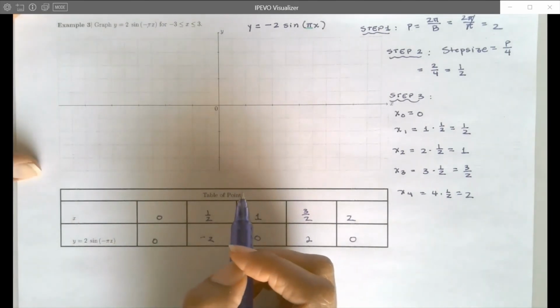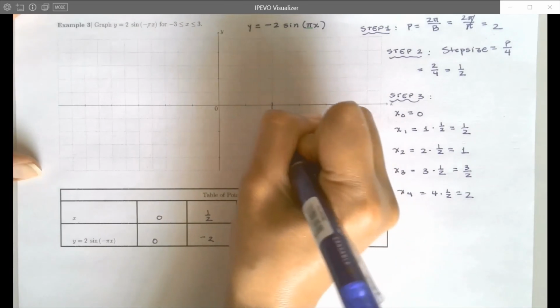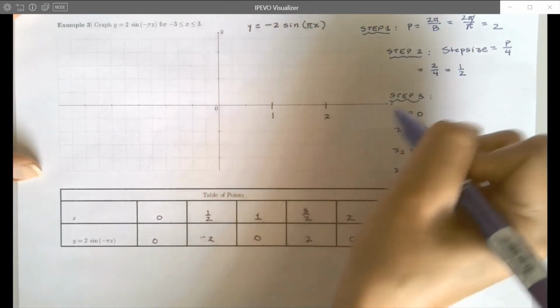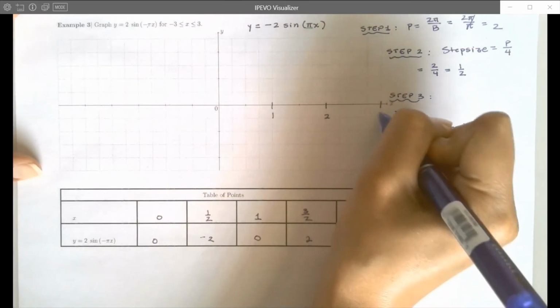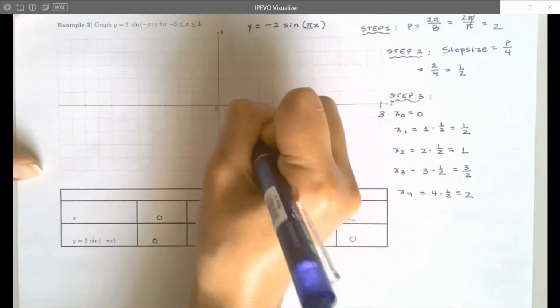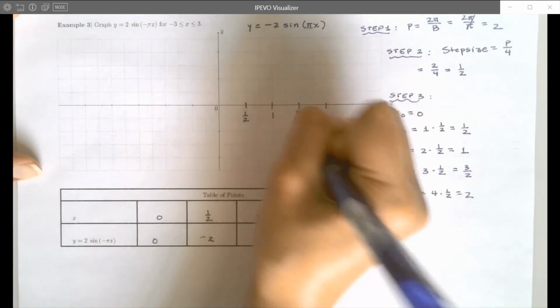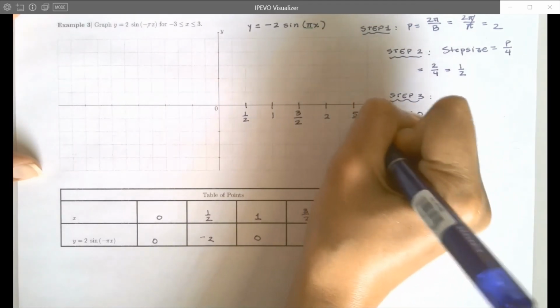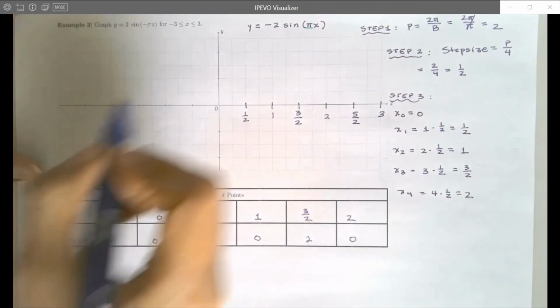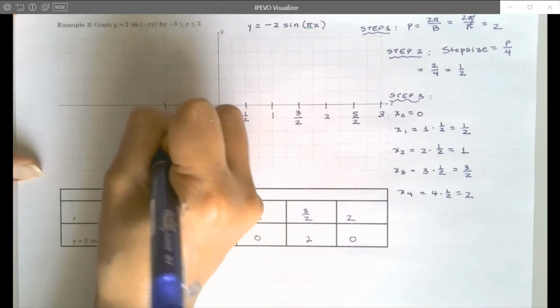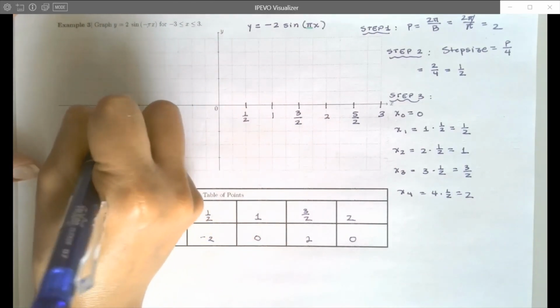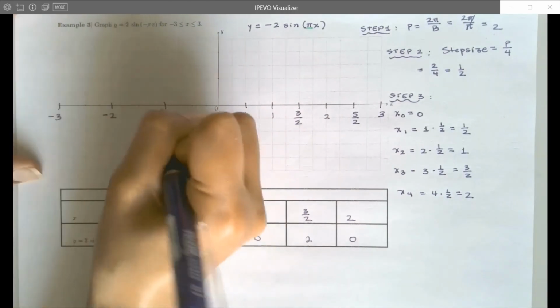So if we make this 1, this would be 2, and then we would have 3 here at the end. Then this would be 1/2, 3/2, and 5/2. And same thing going in the negative direction. We'll have -1, -2, -3.